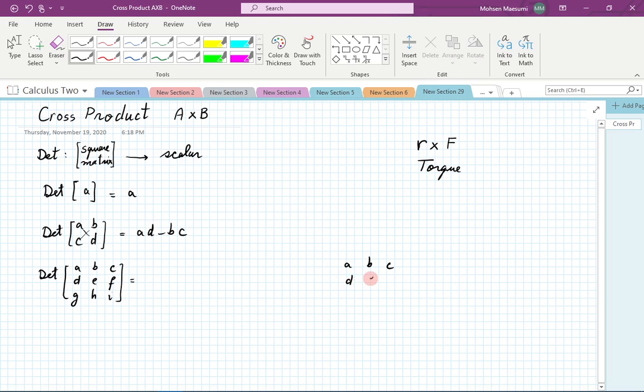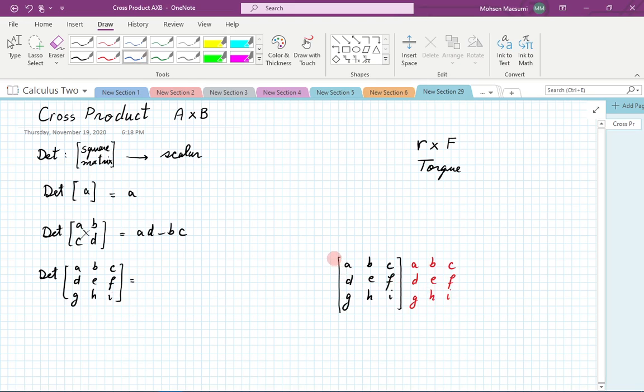Let me introduce you to this shortcut. Probably you have seen that in some other classes, maybe your linear algebra class or some high school algebra class. So if I want to calculate the determinant of this 3 by 3, the first thing I do is duplicate it. So A, B, C, D, E, F, G, H, I. Then I consider the diagonals.